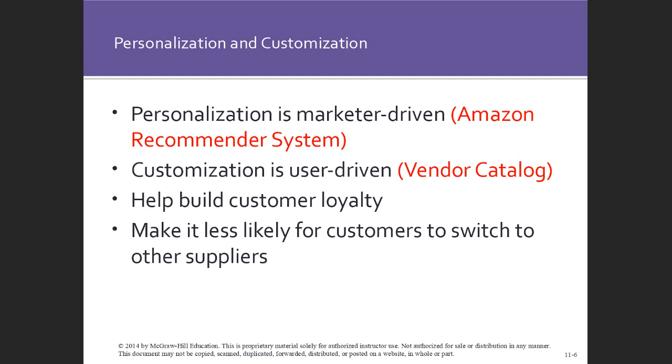Sometimes customization is user driven. During my prior life in the electrical contracting business, we may have had an account set up with Grainger, an industrial supply outfit that sells everything from hand soap to light bulbs. We were mostly interested in light bulbs, ballasts, fixtures, and wire.